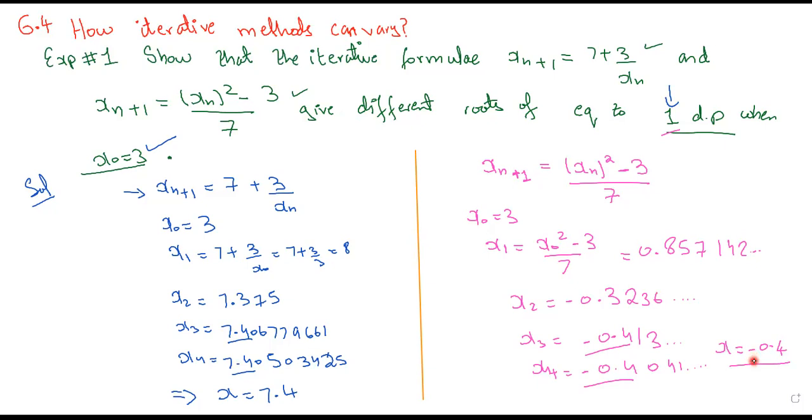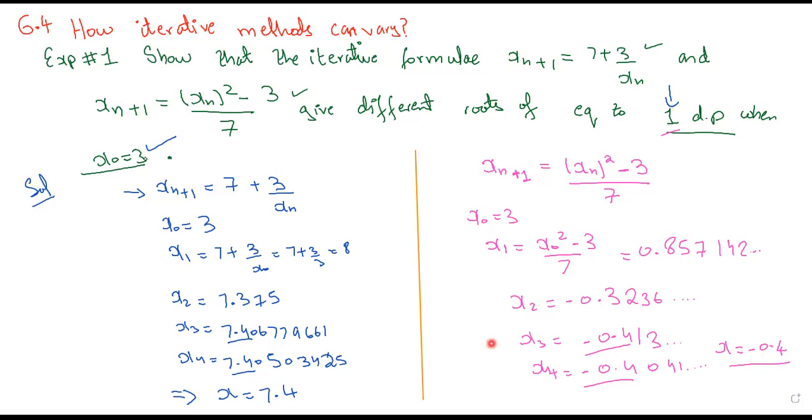And the only thing you need to observe or understand here is that if you use a different iterative formula, if your x equals g of x form is different, it would give you a different value. In this case we have a different form, so you are getting a different answer.